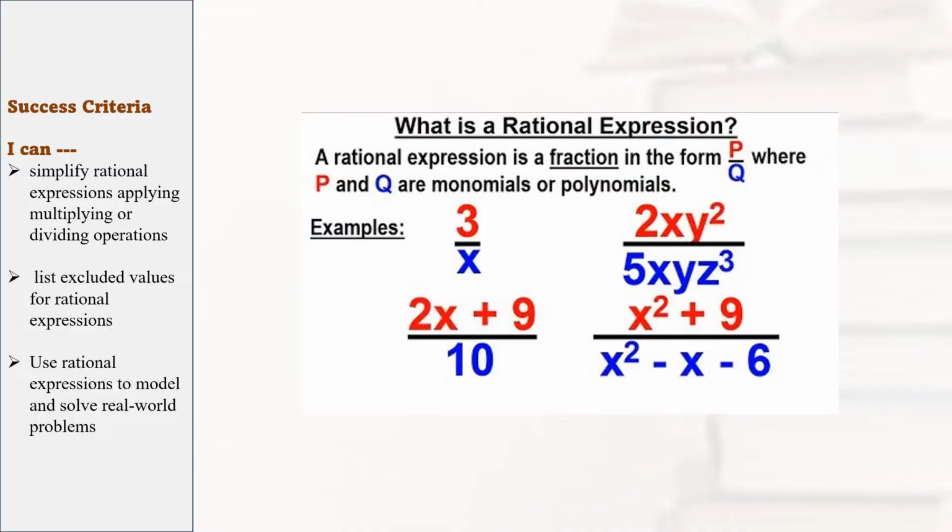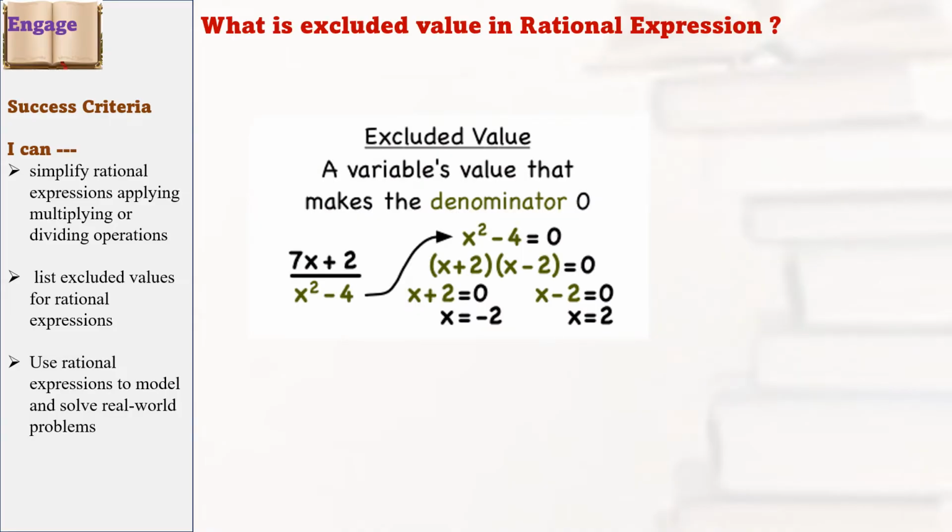Now, they are asking you, is it a rational expression? Yes, they are rational expressions. When anything has the numerator and the denominator, then they are said to be rational expressions. What are the excluded values in the rational expression? Remember, we always have the numerator and the denominator. Now, for example, numerator is 1 and denominator is 0. If there is a 0 in the denominator, if you even write it in the calculator, you will get a math error.